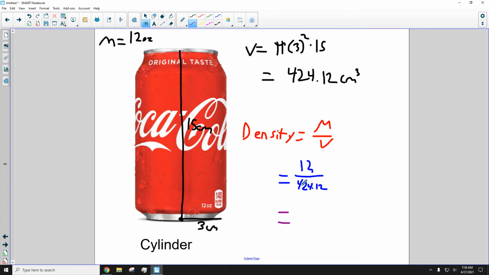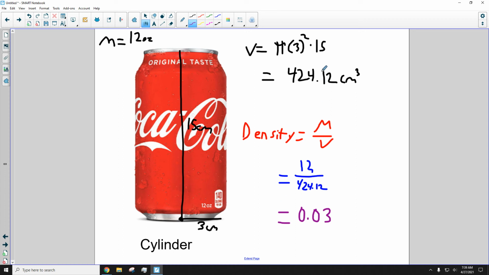So all I have to do is divide 12 by 424, which I'll do over here on the side. And I get 0.03. So I have a density of 0.03. That's it.